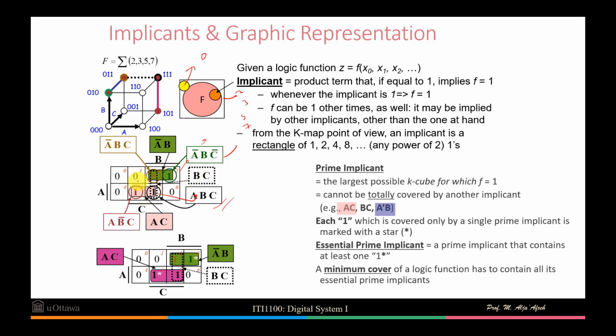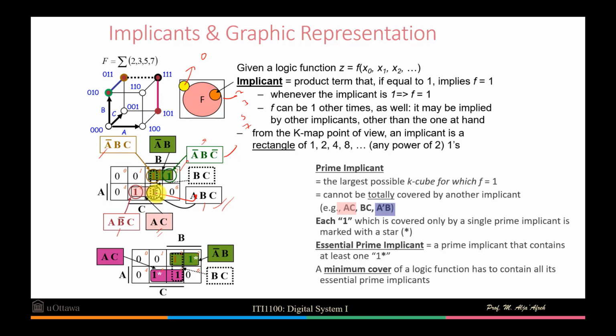Therefore, neither this one nor this one is a prime implicant. Okay? Now, this one can be grouped with this one in order to formulate AC. Okay? As such, this minterm and this minterm are not prime implicants.